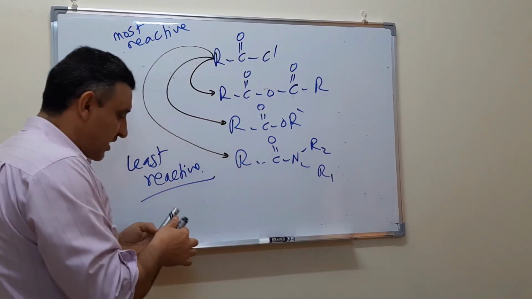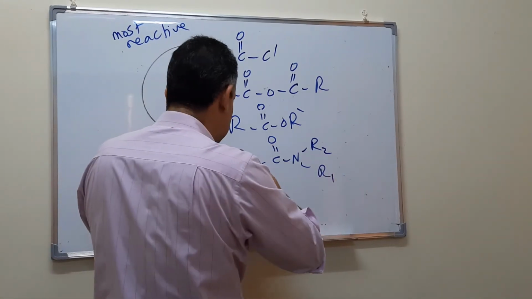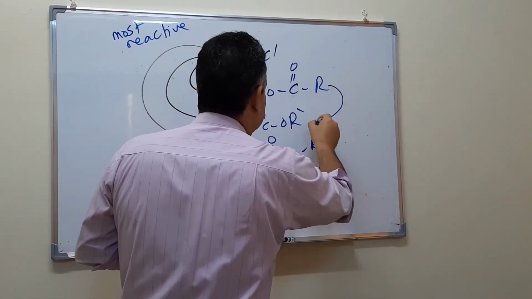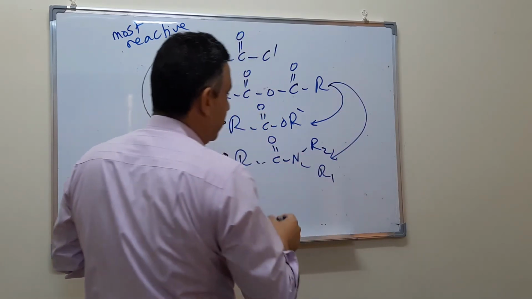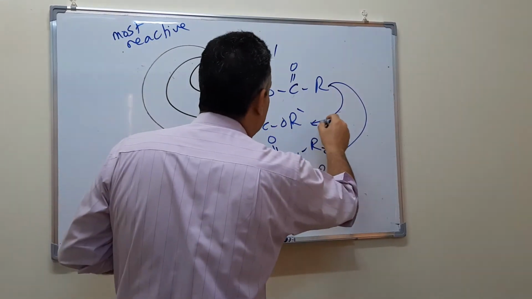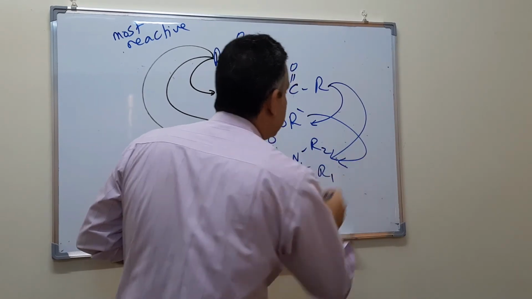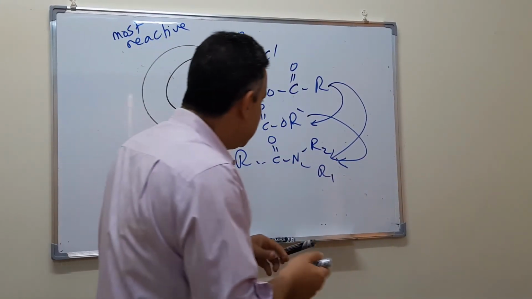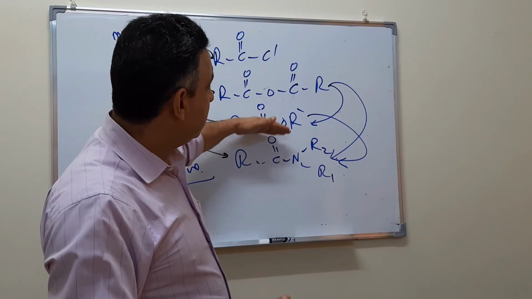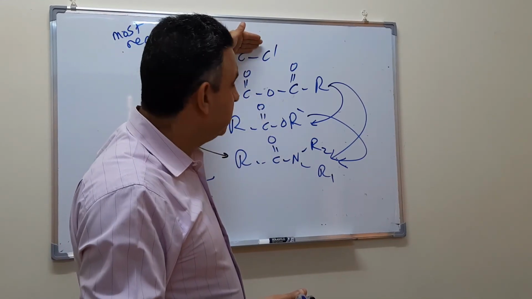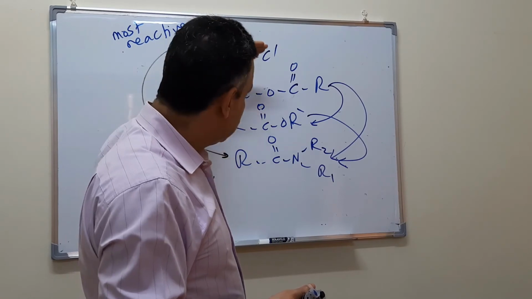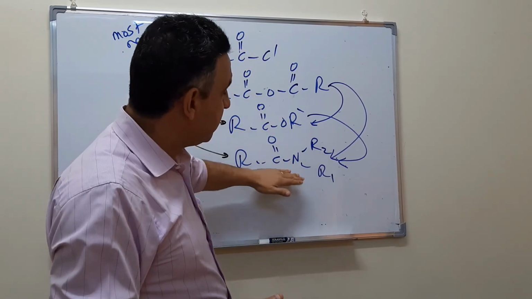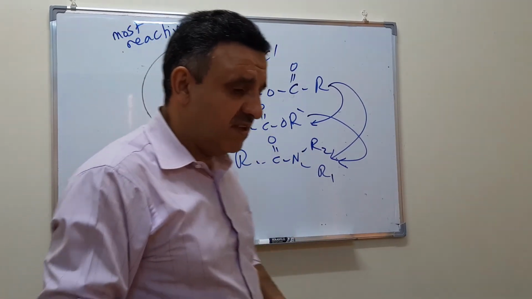If we start from the anhydride, it can be converted to the ester, then the amide. If we start from the ester, it can only be converted to the amide. So as you can see, the amide can be prepared from all of these functional groups, but it cannot prepare other functional groups.